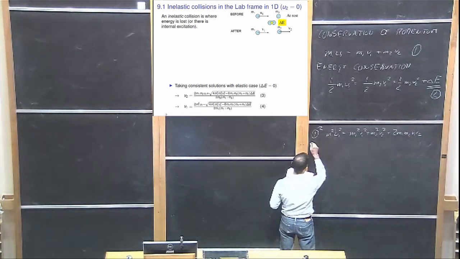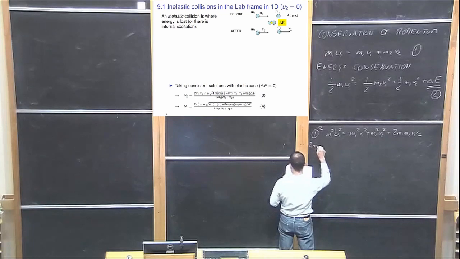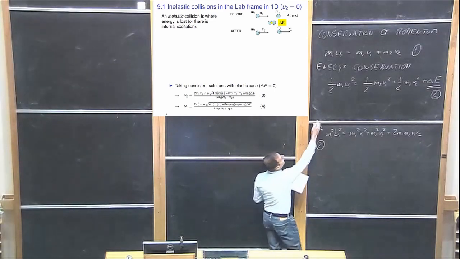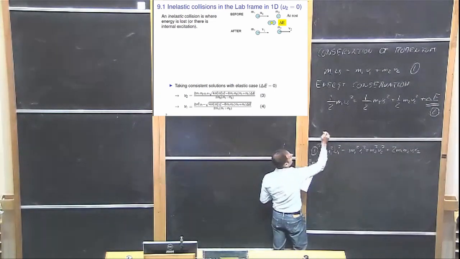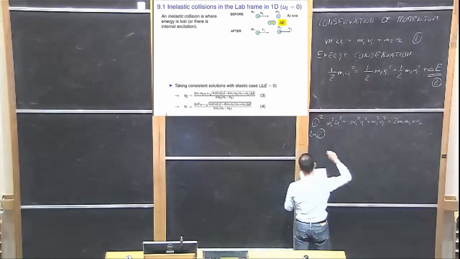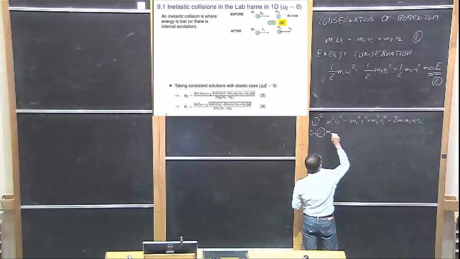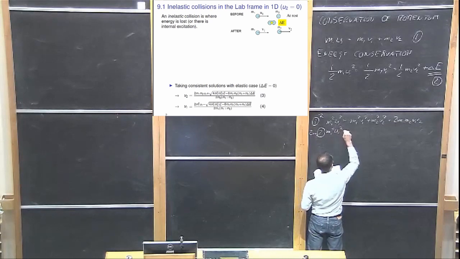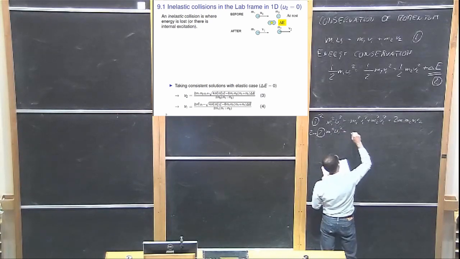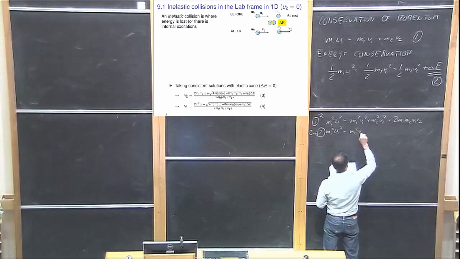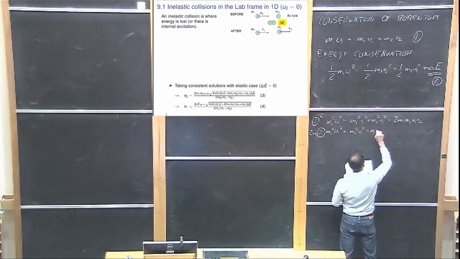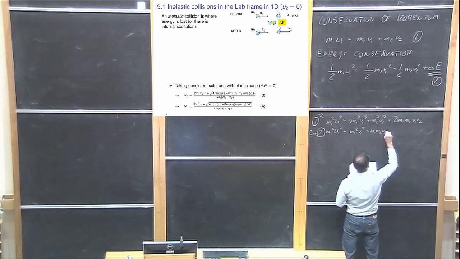The second one is 2 m1 times the second equation. If I take 2 m1 of this equation, I'll end up with m1 squared u1 squared equals m1 squared v1 squared plus m1 m2 v2 squared.